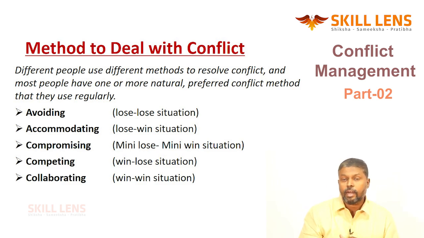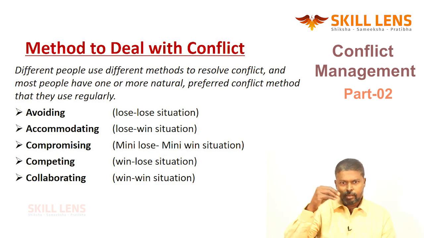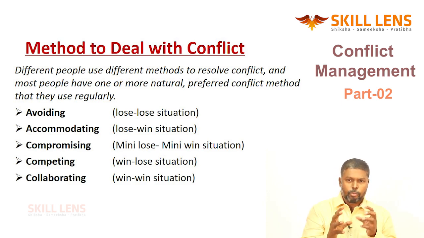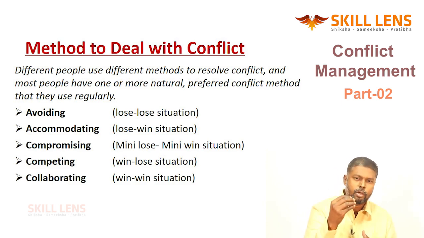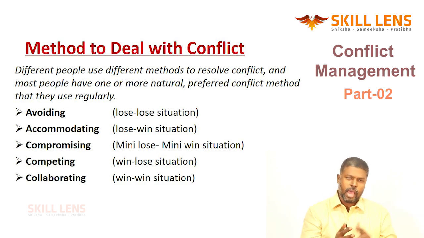The third in line is compromising. When we speak about compromising, it is between these two, wherein I lose partly and I win partly. So it is a mini lose or a mini win situation. The fourth is called competing. Competing is more about being assertive and less about being cooperative, meaning I win and you lose, or I win most of the time and you lose most of the time.